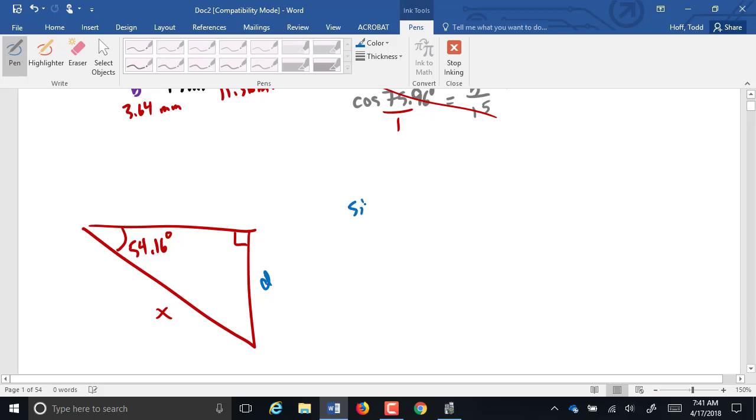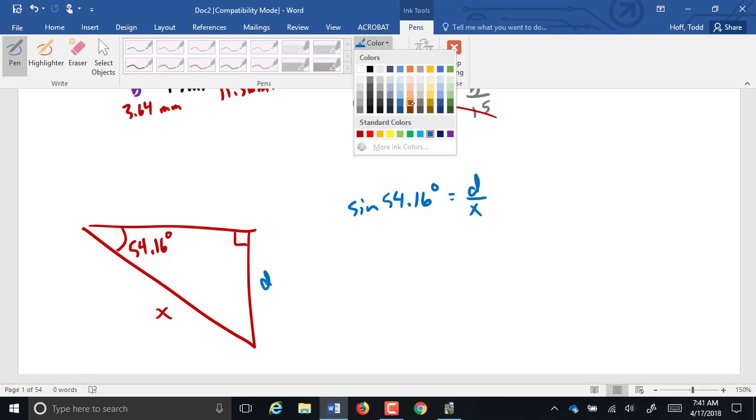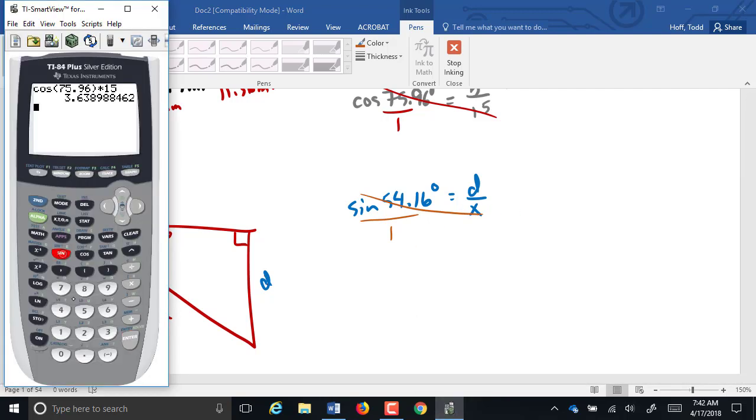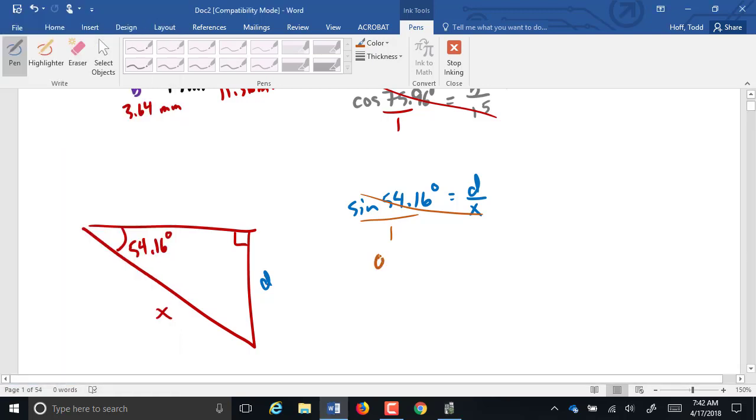But we know that sine of 54.16 equals D over X. If I solve that for D, I cross multiply sine of 54.16, which is 0.81. We're going to call it 0.811. So D is equal to 0.811 times X, because it'd be that sine times X divided by 1. So this is 0.811X.